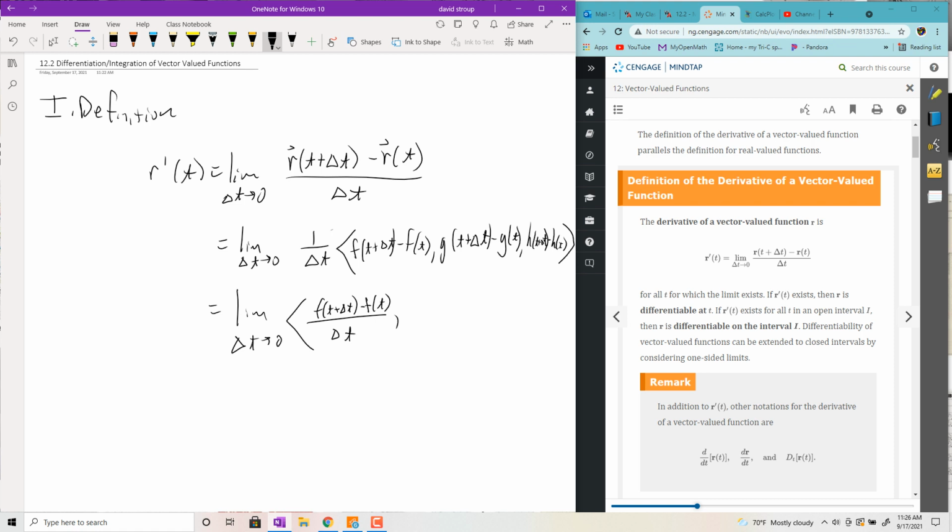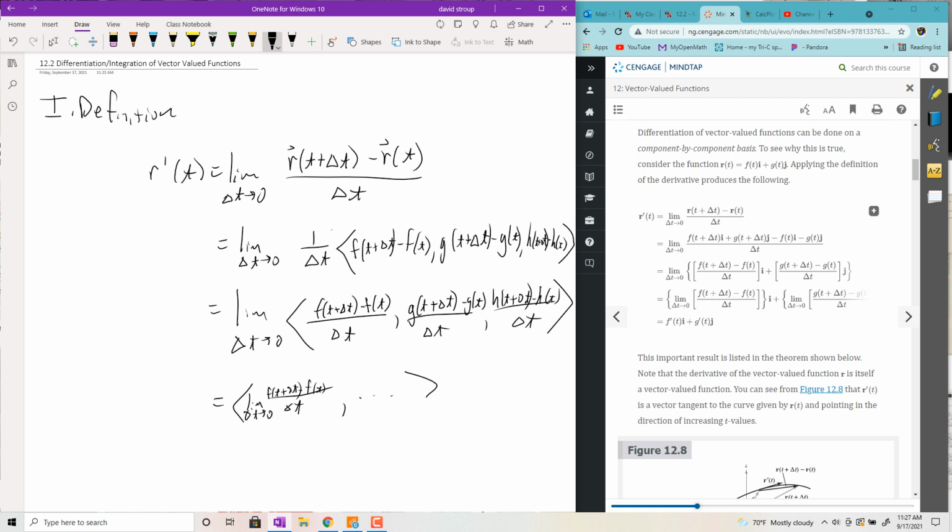Right? So then you would distribute the limit through, because that's what we could do with limits. We learned that in the last section. That would equal the limit of f of t plus change in t minus f of t all over change in t as change in t goes to 0, and so on, right? Three of the same components.